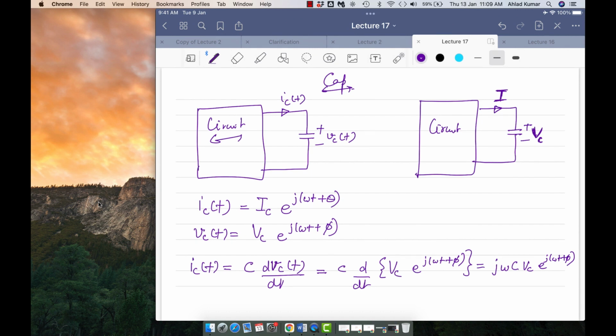Now if I write this expression for the left side, I can write it as I_C e^{j(omega t + theta)}, and that is equal to j omega C V_C e^{j(omega t + phi)}, right?